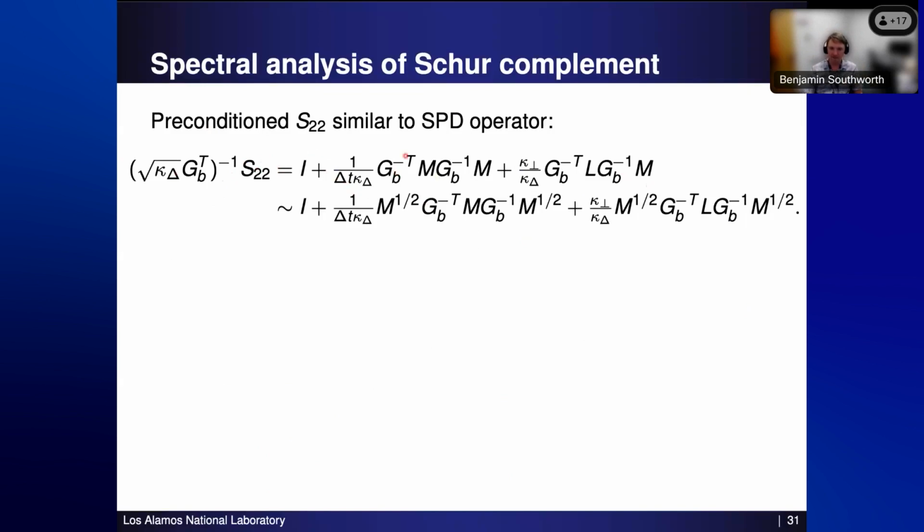So we have the identity. This is the term corresponding to the anisotropic diffusion. And this is the term corresponding to the, sorry, the isotropic. This is similar in a spectral similarity sense to this operator right here. And this is SPD. And in fact, both of these inner terms are also SPD. And so what we're going to do to understand the preconditioner and prove its robustness is to analyze these two terms.